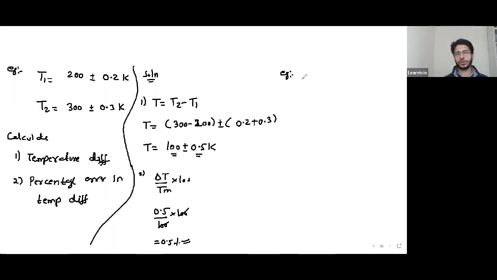Do one more question. Your resistances are given. R1 is 100 plus minus 0.10 ohm. R2 is 500 plus minus 0.5 ohm.